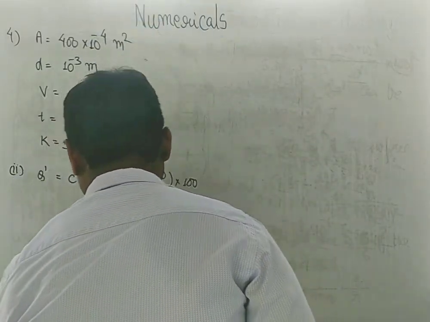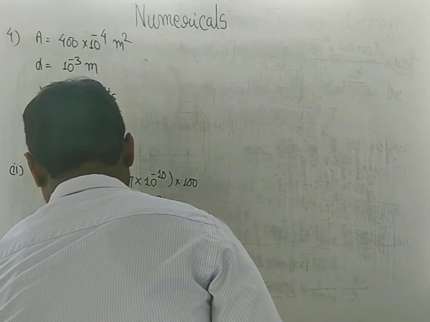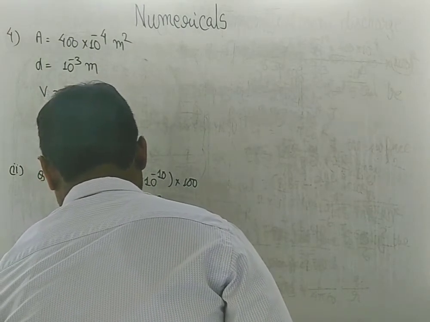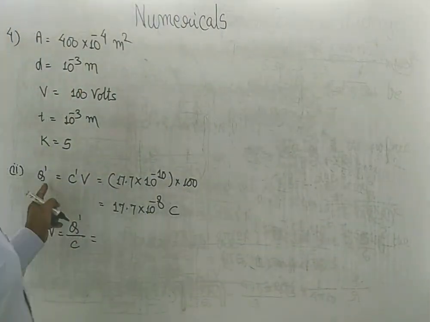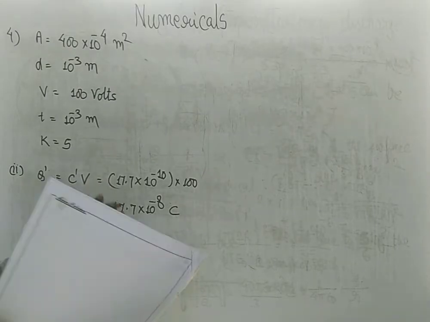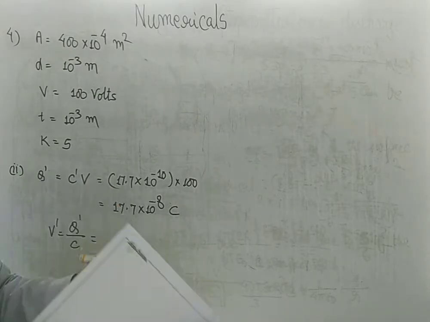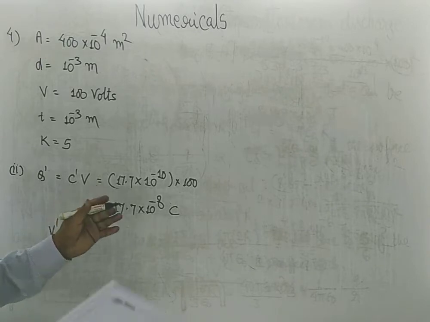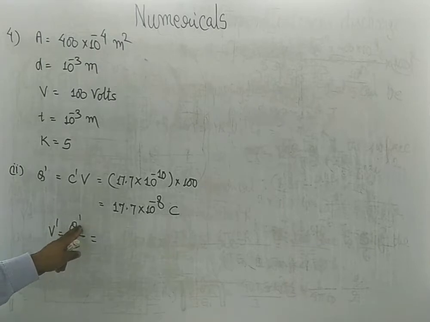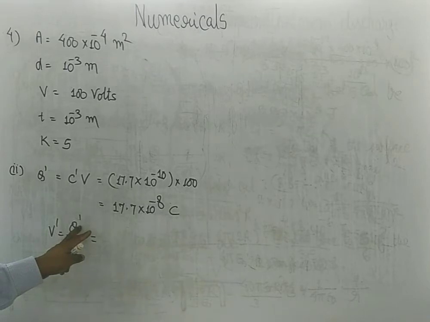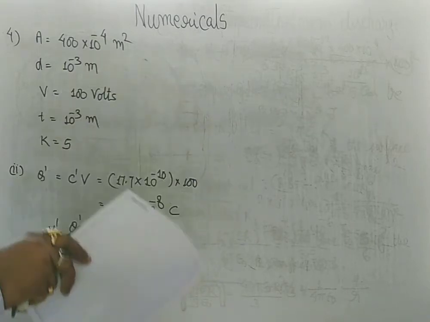coulomb. Thereafter we can write V dash equals Q dash upon C. Now see, this much charge was stored in the capacitor when the potential was applied. Now it is being disconnected, so the charge stored in the capacitor will remain the same, but now the capacity is that when there was no dielectric.